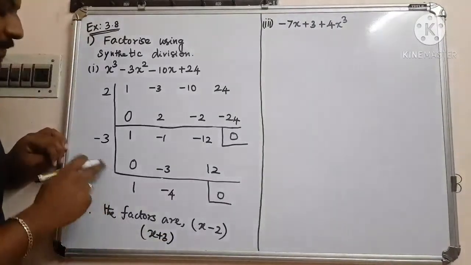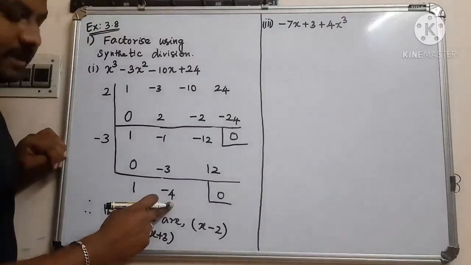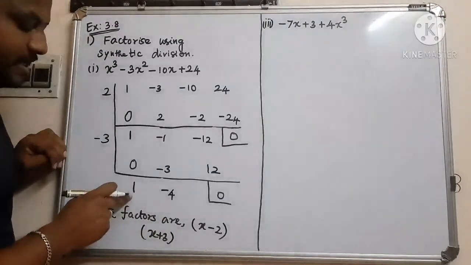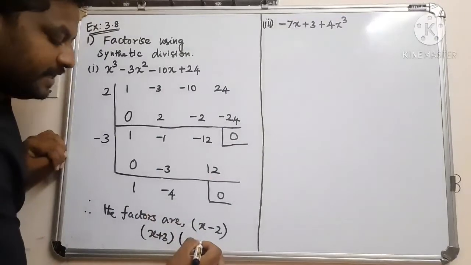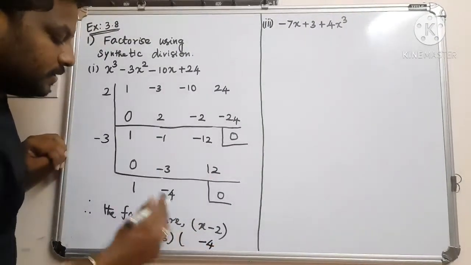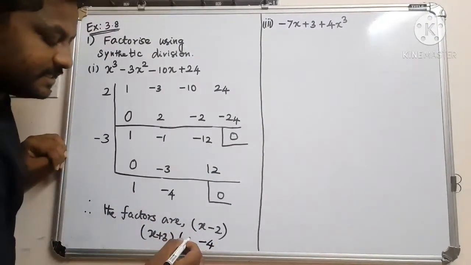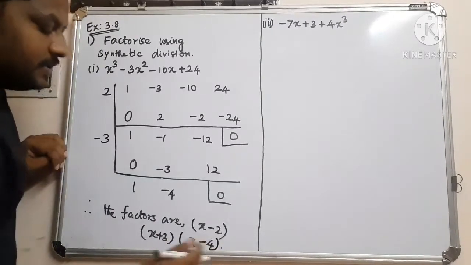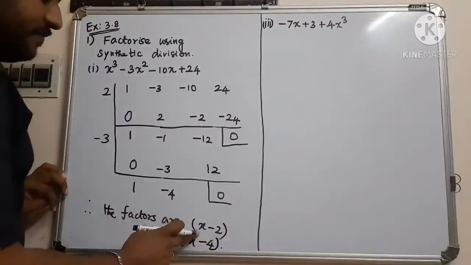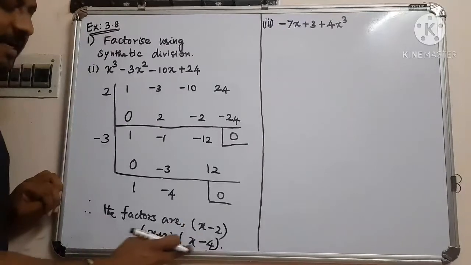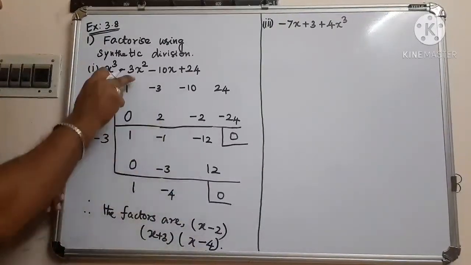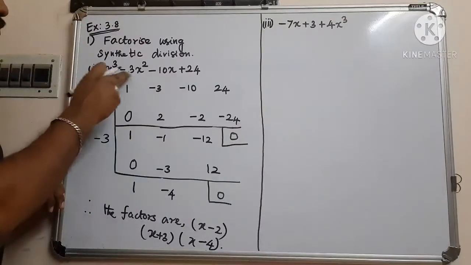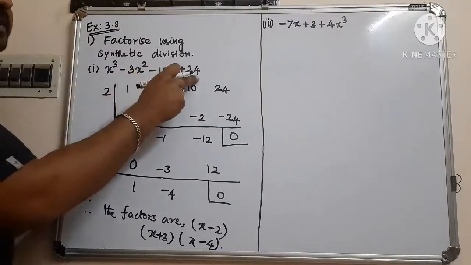And then the last term is the constant term, and before that is the x term. So minus 4, 1 into x, x. So x minus 4. Therefore the factors are x minus 2, x plus 3 and x minus 4. If you multiply these three factors, you will get the polynomial x cube minus 3x squared minus 10x plus 24.